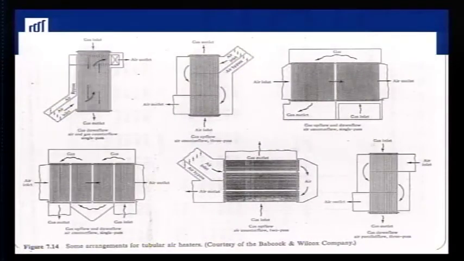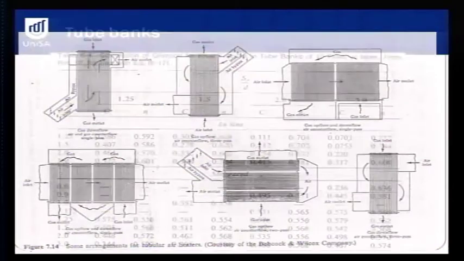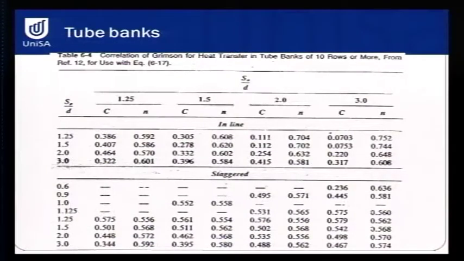And these are some applications, as I said, of the type of heat exchangers we're dealing with, which we need to be considering. So in this case, we need the value of C and N. And you can see in these tables a number of variables that we need to think about.